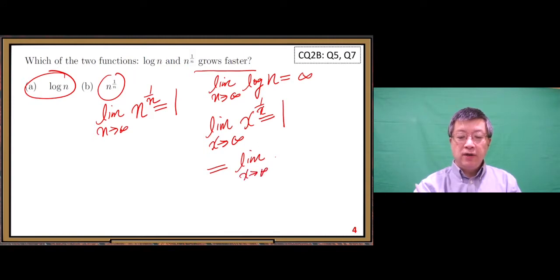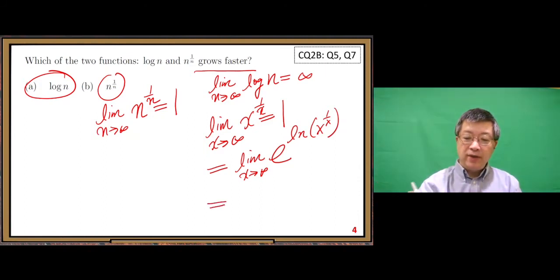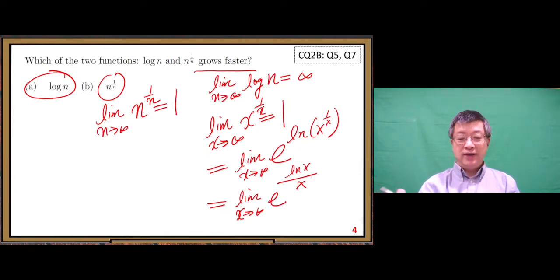Using e base, so natural log of x, and then e to the natural log x over x.